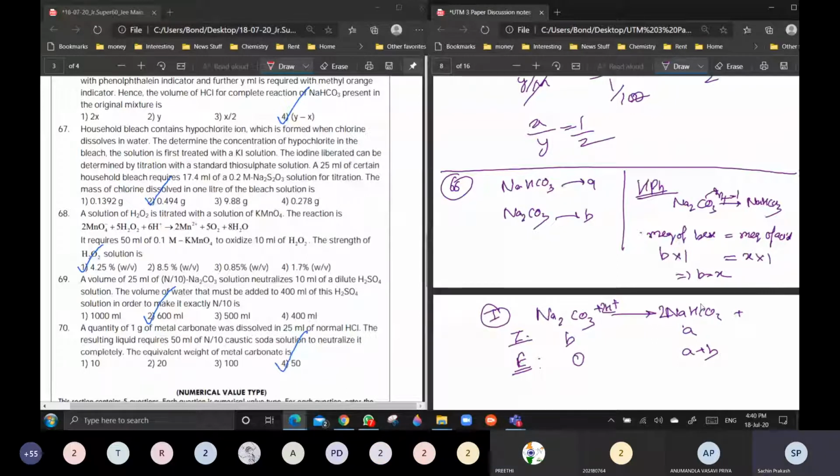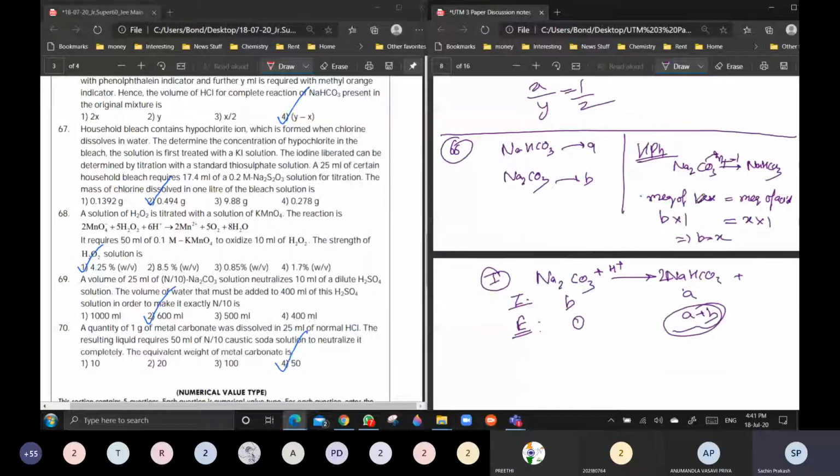Yes. Okay. So B millimoles of Na2CO3 will give, it should be only 1 H plus. After the reaction, you will have A plus B millimoles of NaHCO3.